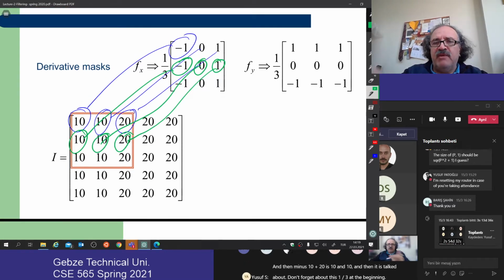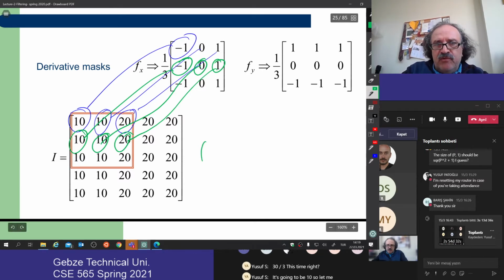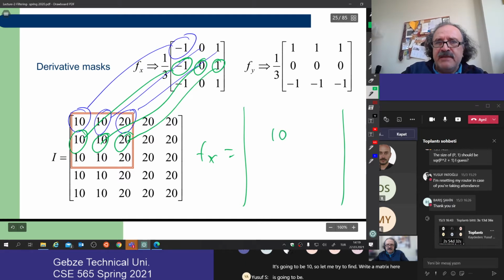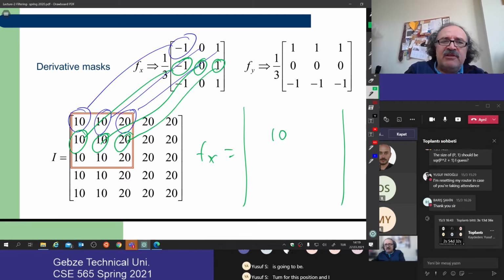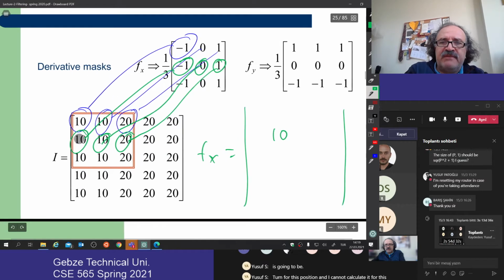So it's going to be 30 over 3. It is 10, right? It's going to be 10. So let me try to write a matrix here. It's going to be 10 for this position, and I cannot calculate it for this position or this position or that position.